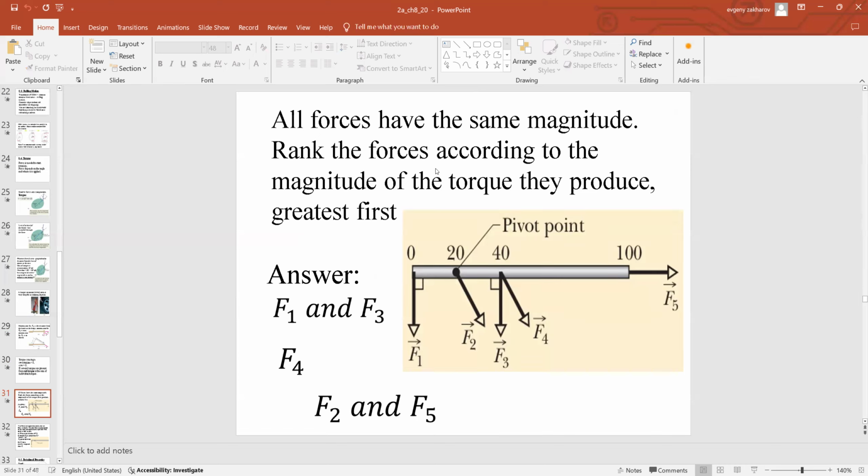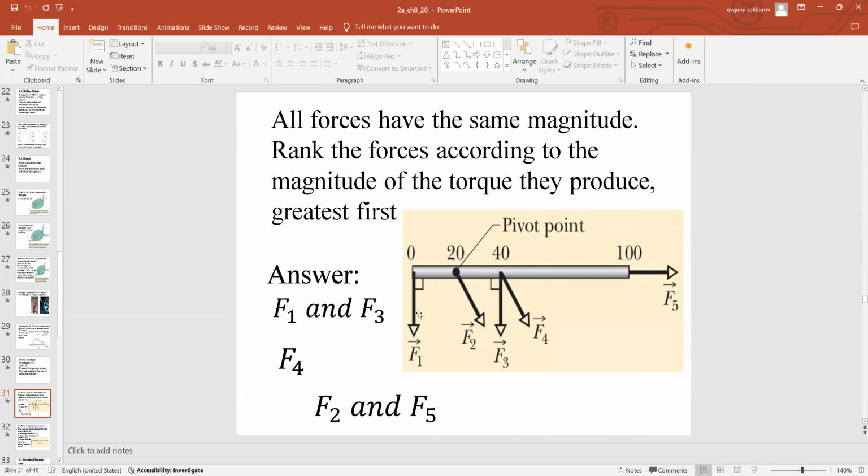Okay, all forces have the same magnitude. Let's rank them according to the magnitude of the torque, greatest first. Well, it's not greatest first. Let's just go one by one. What do you say for F sub 1? That's the line of action. And that's the pivot point, the axis of rotation.